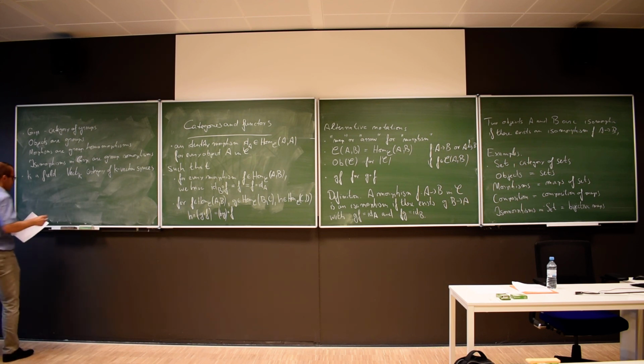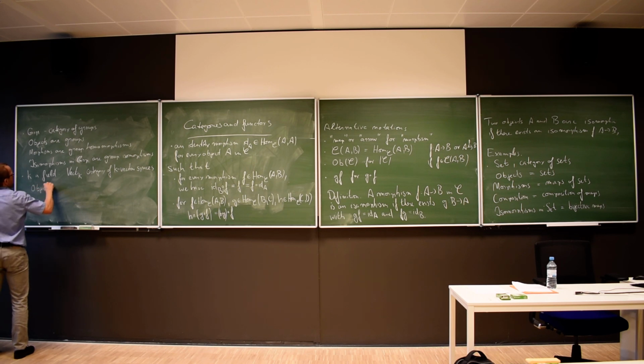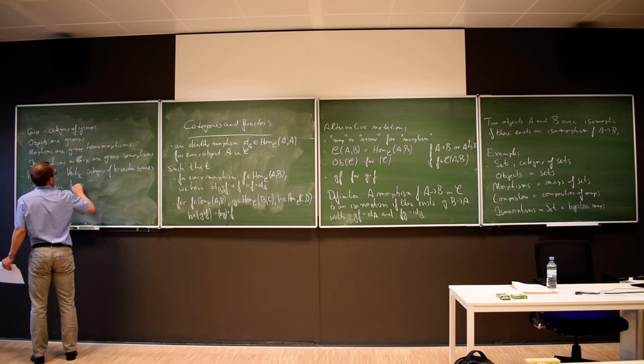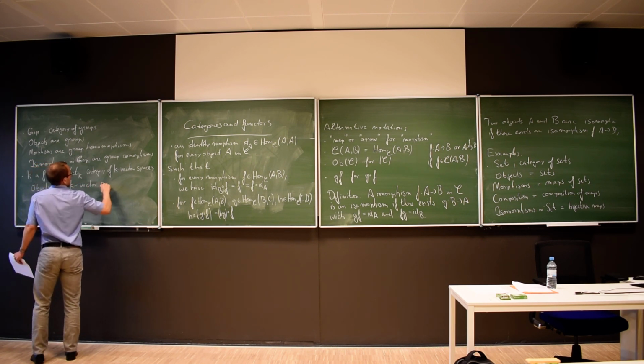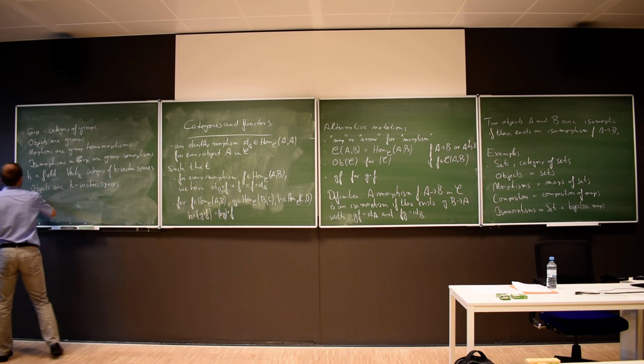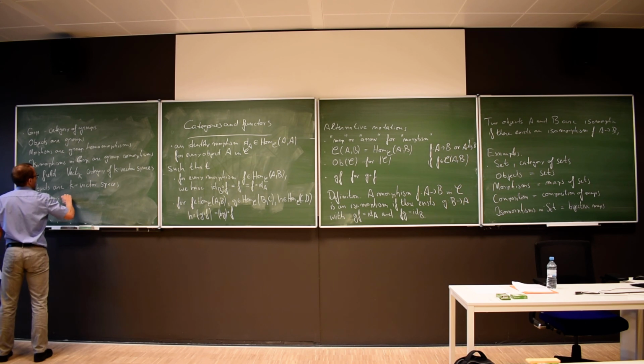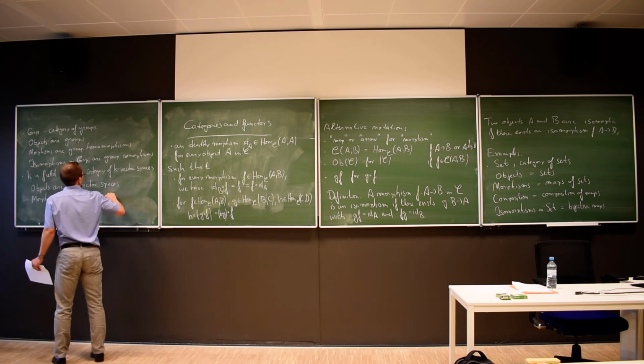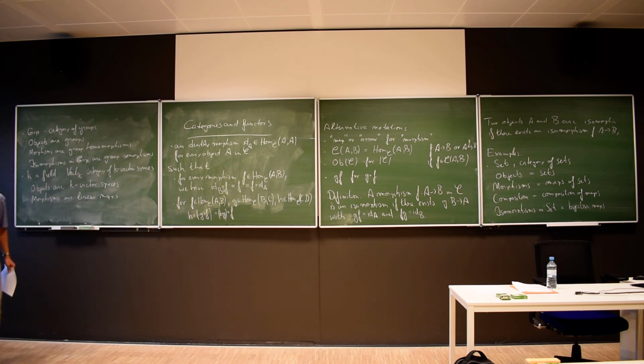The objects in this category are, as the name suggests, the K vector spaces. And the morphisms are the linear maps, that are sometimes called vector space homomorphisms.